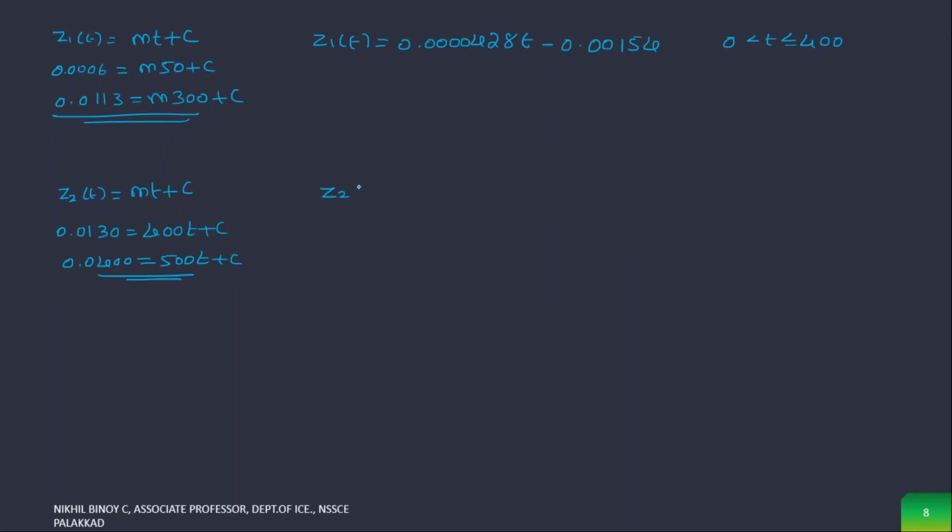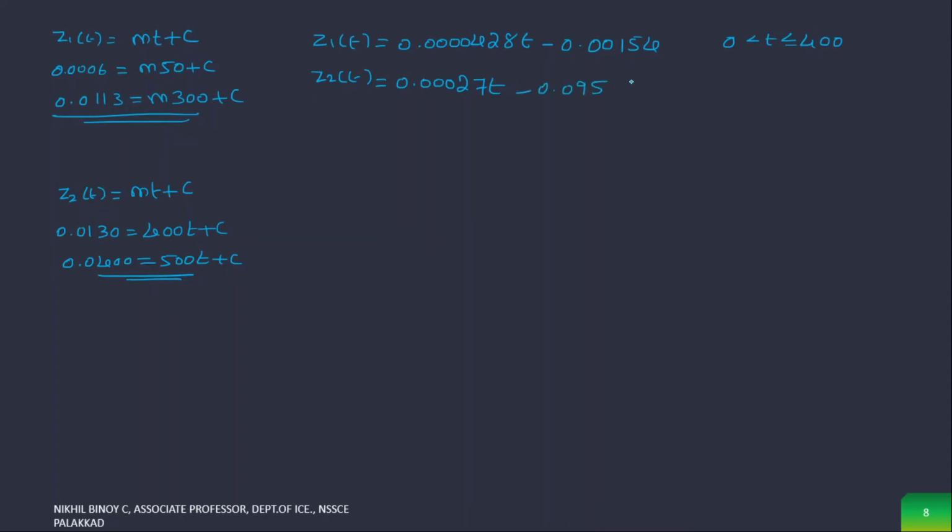So Z2 of t is equal to 0.00027 t, the value of m is 0.00027. Now the value of c is minus 0.095.